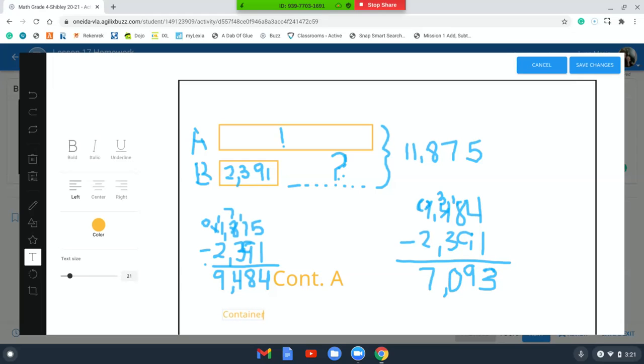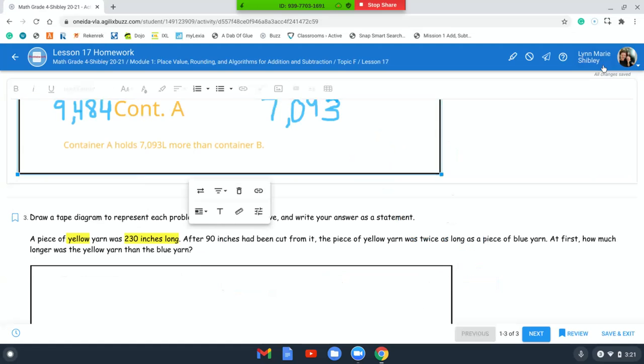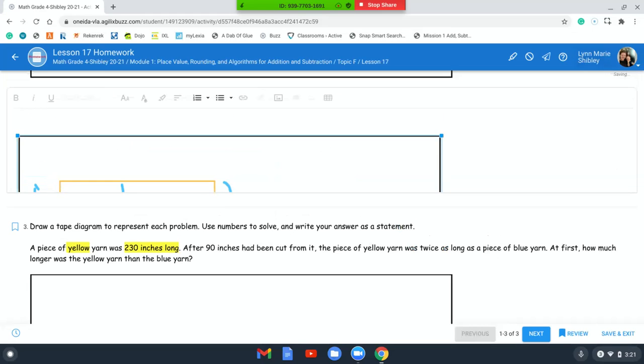So container A holds 7,093 liters more than container B. Okay, and I'm going to save my changes. And all of my work is in my box.